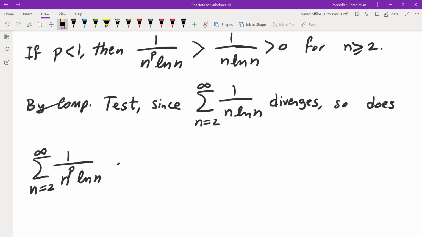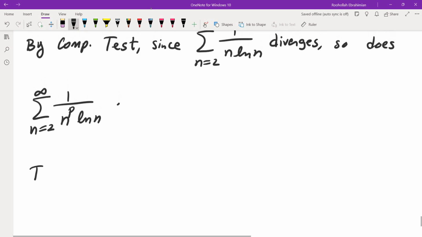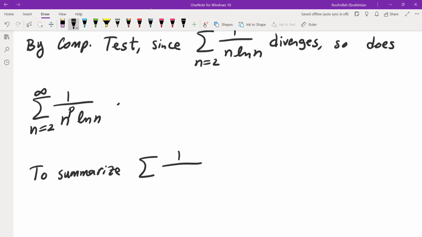Okay. And finally, to summarize, the sum of 1 over n to the p natural log of n, n equals 2 to infinity, converges if and only if p is greater than 1.